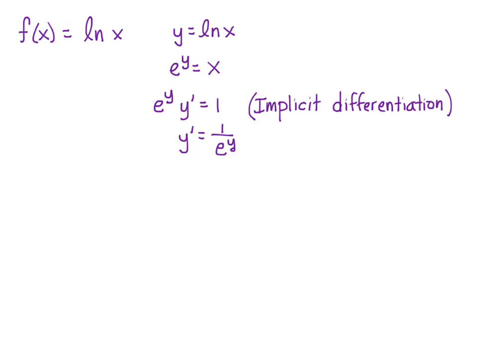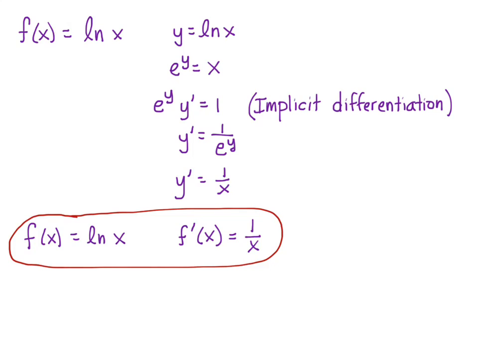I'll rearrange this. Now I also know that e to the y equals x, so I can make this substitution. The derivative of y is 1 over x. And so we have this marvelous little fact that the derivative of the log of x is just 1 over x. And think about it, the integral of dx over x is going to be the log of x.